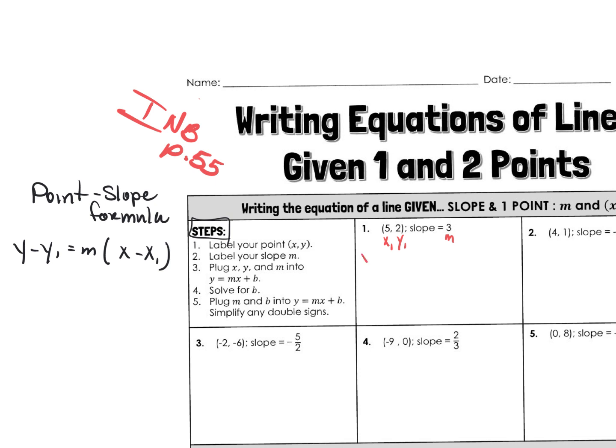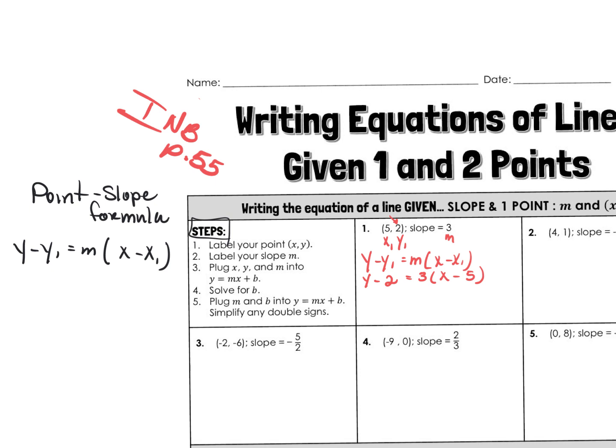So we have y minus y1 equals m times x minus x1. So y minus 2, because that's our y1, equals 3, which is m, times x minus 5, which is x1.